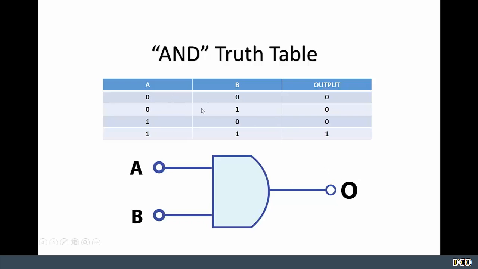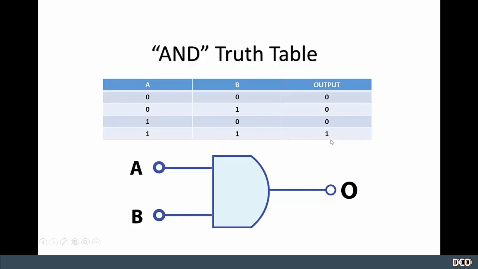Another way of saying that is if A and B are true, then the output will be true. That's why it's called the AND gate. If A is false and B is false, you're going to get false. If either one of them is true, you still get false, but when A and B are true, you get true. So that's the AND gate.